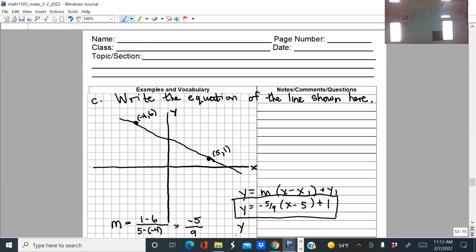You take y minus the y coordinate of the point that you're going to use equal to the slope times x minus the x coordinate of the point you're going to use. So sometimes that 1, you'll see it on the left-hand side. That's still the same equation. That's still an equation for the line, right?